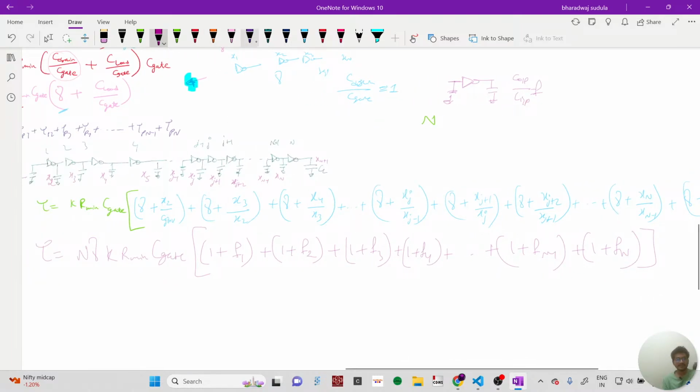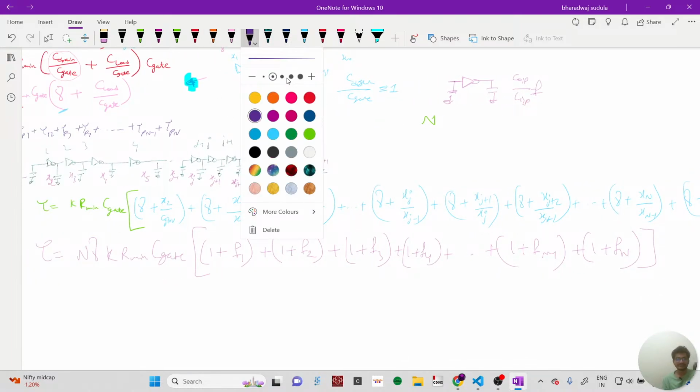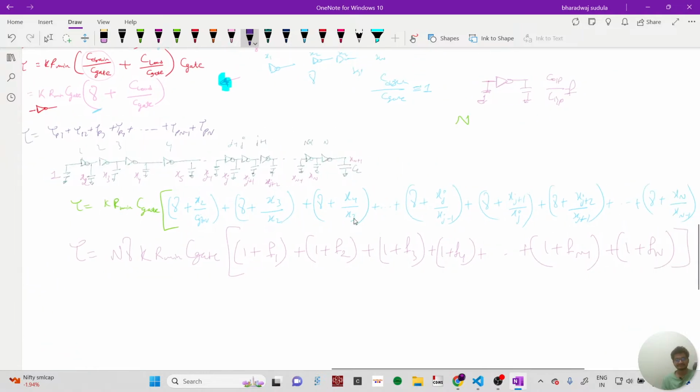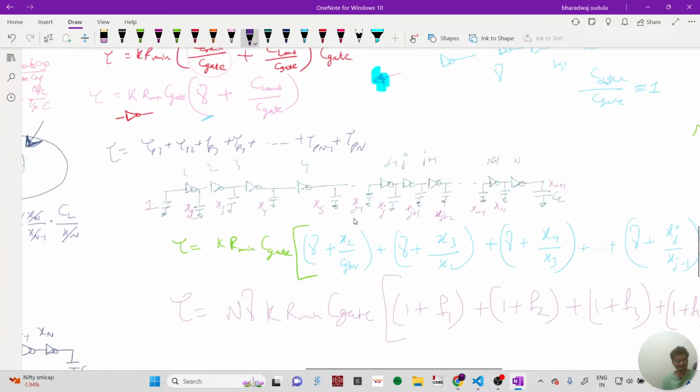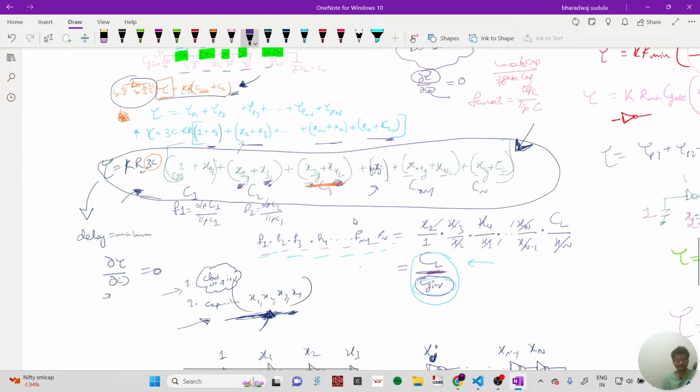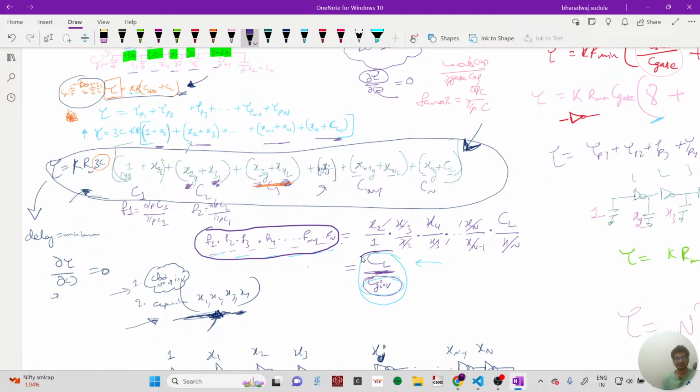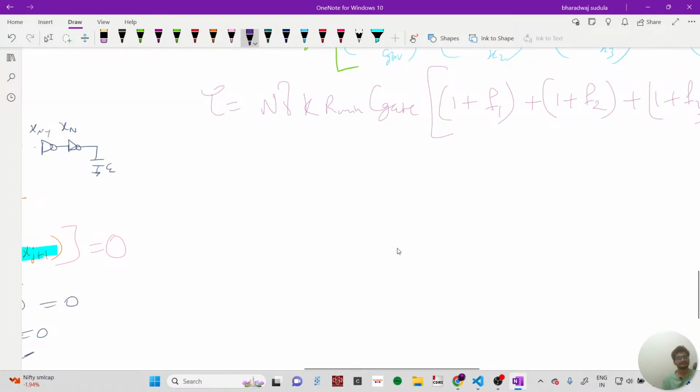I can write now. So slowly you might be getting why we are doing this, didn't you? There is this beautiful relation. If I multiply each and every fan out in the chain of these inverter gates, it turns out to be output cap by input cap of the first gate, correct?